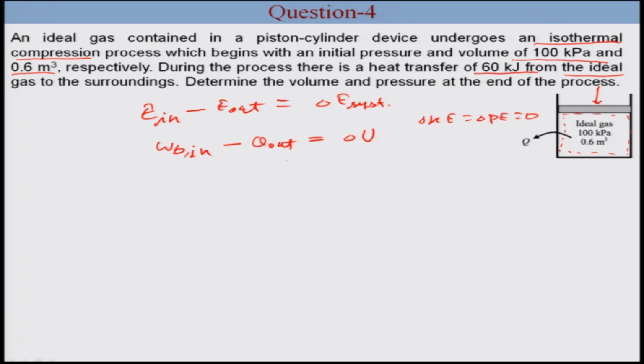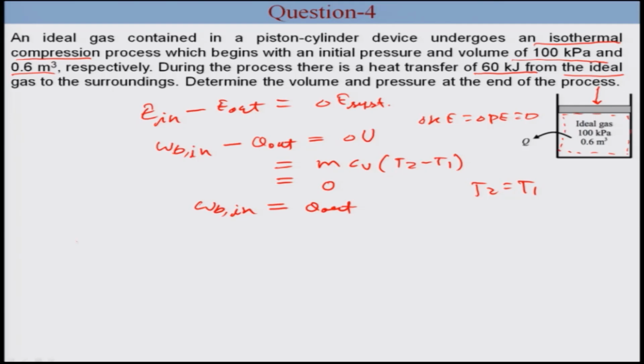Since this is an ideal gas, delta U will be m Cv delta T, that is T2 minus T1. Since this is an isothermal process, this will be 0 because T2 equals T1. So from here we get W in will be equal to Q out, that is, the total work done on the system is equal to the total energy coming out of the system.